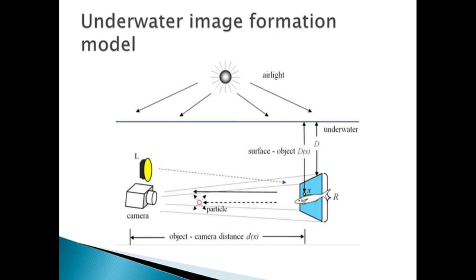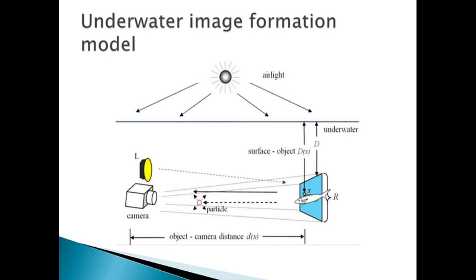For example, if you take a fish inside the sea, the depth creates some changes in the images. Suspended particles between the camera and the object, some unwanted particles, also create challenges.